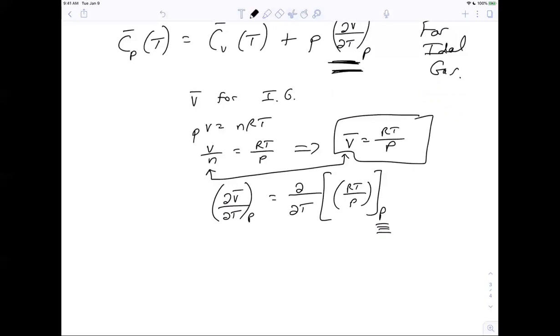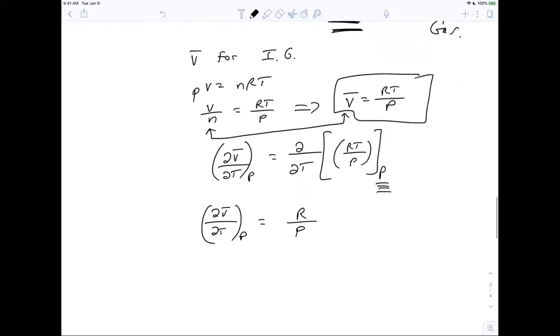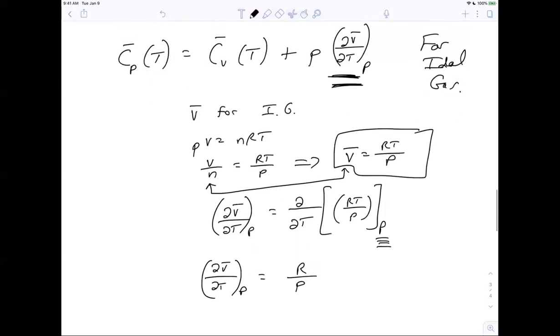R over P, right? It's just a very simple derivative. So partial of V bar with respect to T at constant pressure is equal to R over P. We can substitute that result here.